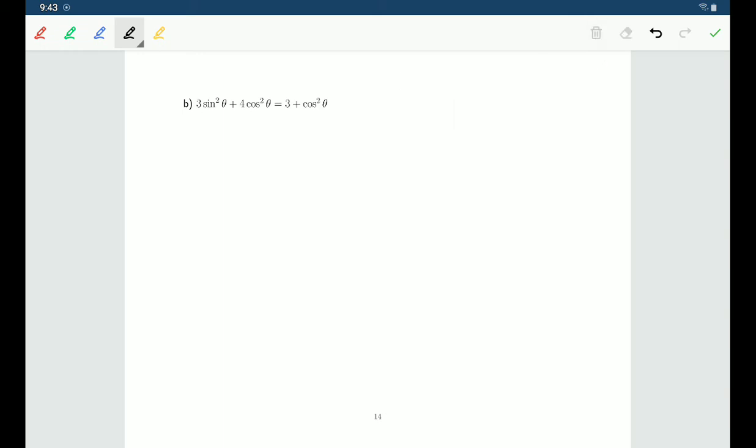Now, this is my plan here. I'm going to work with my left side, which is 3 sine squared theta plus 4 cosine squared theta. And I'm trying to turn it into 3 plus cosine squared theta. So basically my idea here is I know that I need to get rid of that sine squared theta.